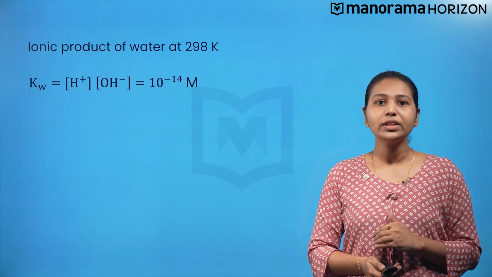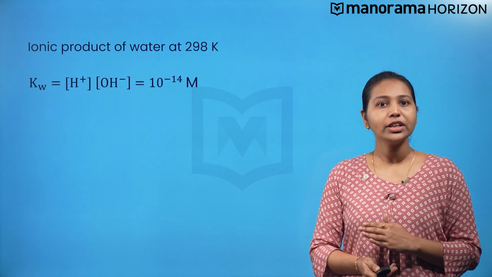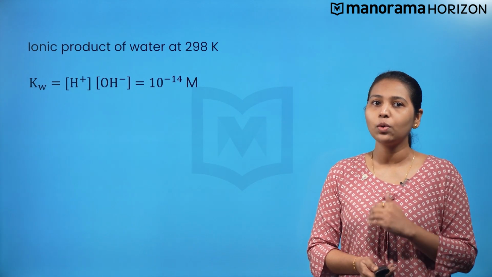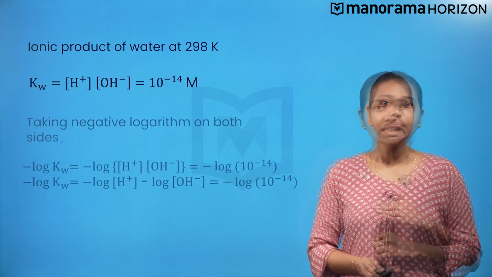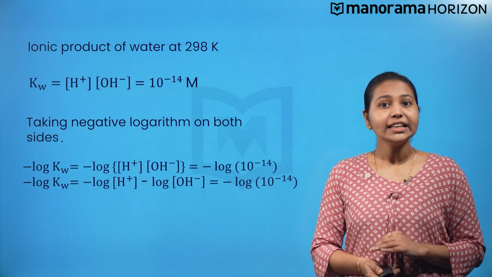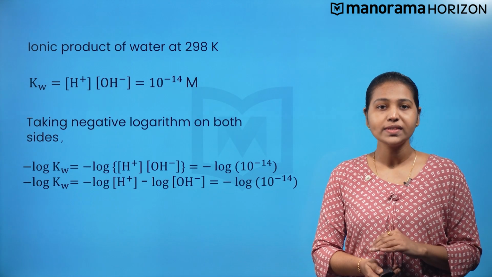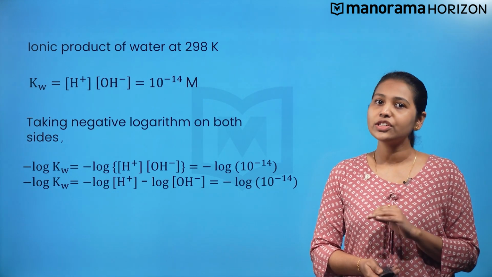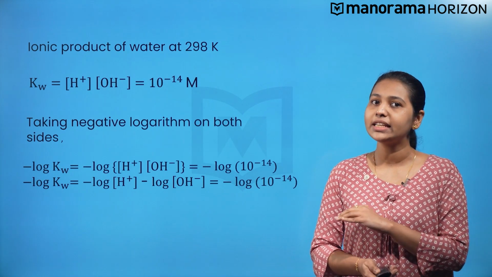Next, you may recall the ionic product of water, the Kw. Ionic product of water is the product of concentration of H plus ions and OH minus ions, and its value is 10 raised to minus 14 molar. Taking negative logarithm on both sides of the equation, we get negative log Kw equals negative log concentration of H plus ions minus log concentration of OH minus ions, which is equal to negative log 10 raised to minus 14.